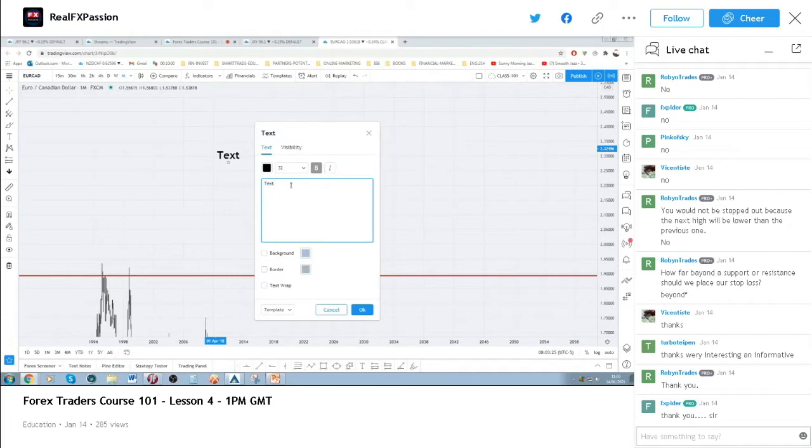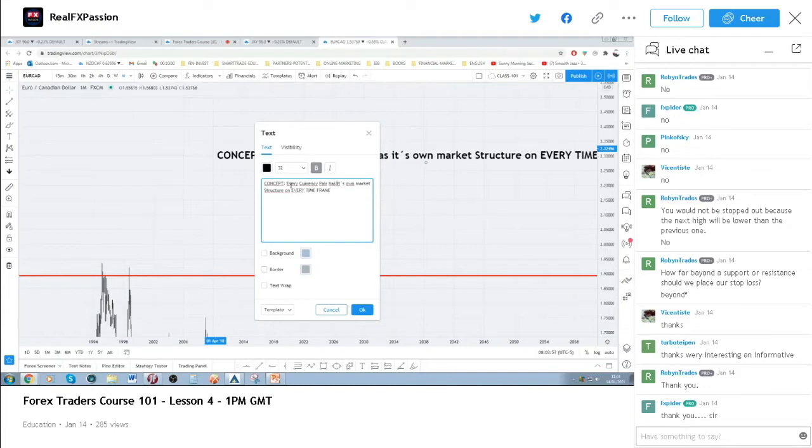Okay, text. Now this is a concept. Okay, it's a concept. Every currency pair has its own market structure on every time frame.